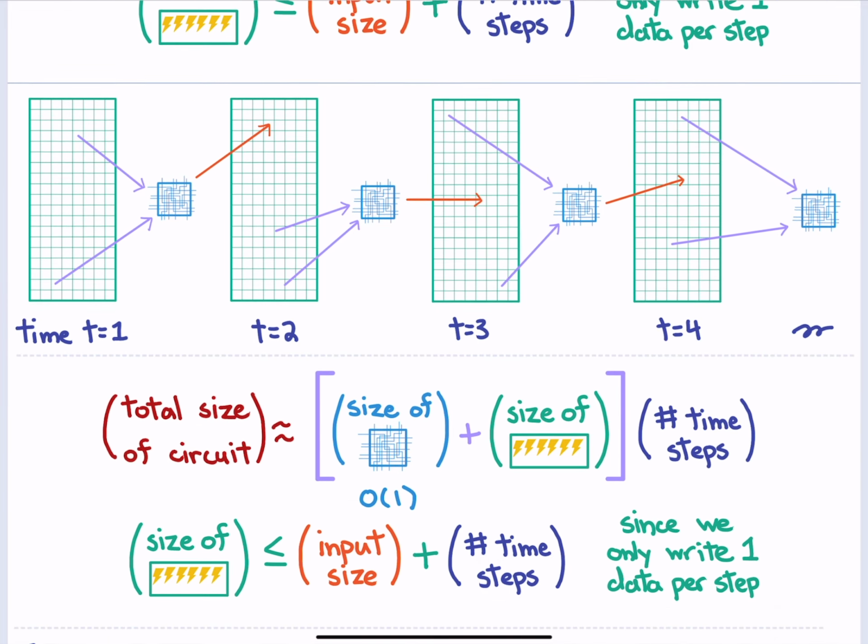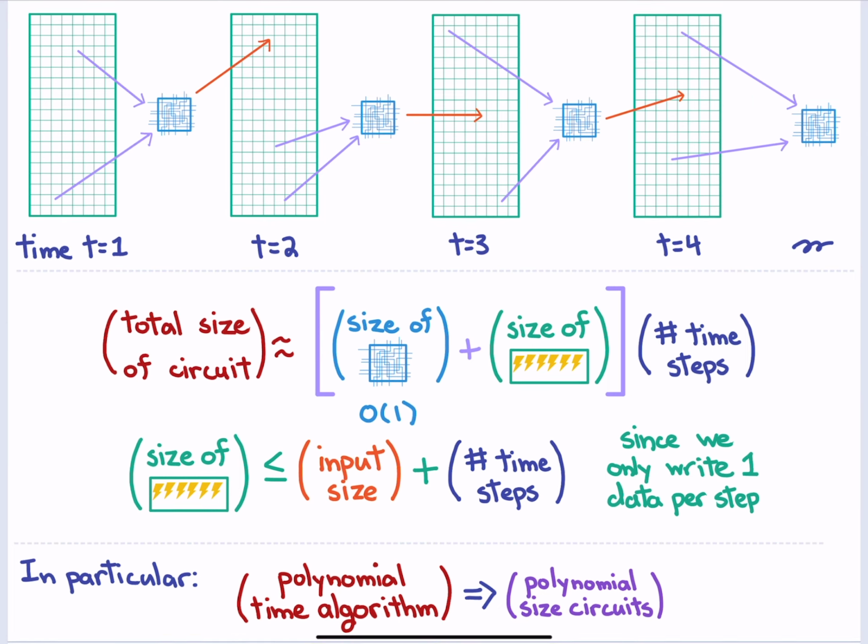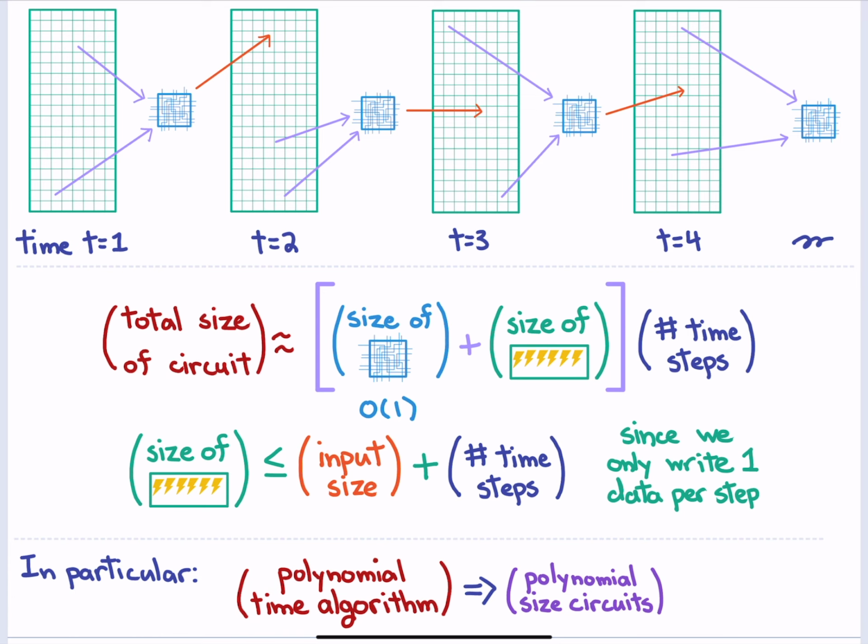All right, so if I multiply all that together, right? If I'm looking at a polynomial time algorithm, I really want to argue that a polynomial time algorithm is going to map to a polynomial size circuit. So now the number of time steps is some polynomial. Overall my total size of my circuit is a constant times the size of RAM times some polynomial in input size.